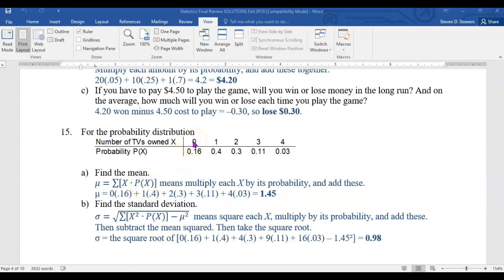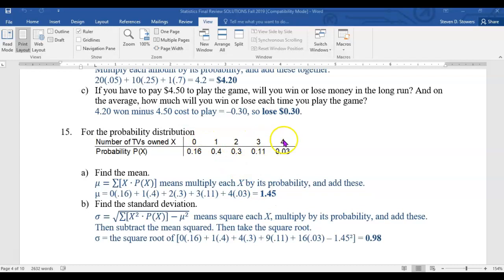So for each number for x, we multiply that number times the probability of that x, and then add those together. So we're doing 0 times 0.16 plus 1 times 0.4 plus 2 times 0.3 plus 3 times 0.11 plus 4 times 0.03, and that comes out to be 1.45.